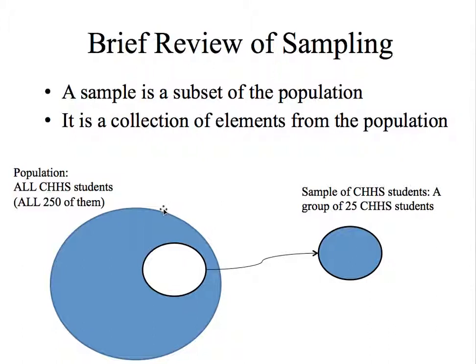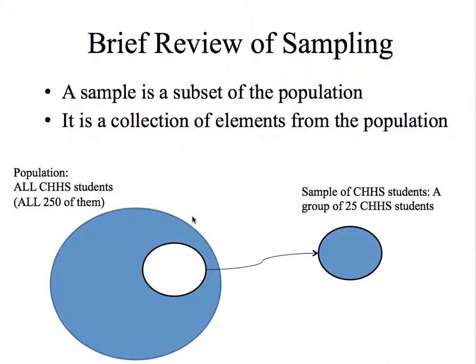I have it here graphically represented. I have the population of all CHHS students, and we can take a sample of those. We will rarely be able to observe an entire population, and frankly we don't need to. We can make inferences from a sample about a population.